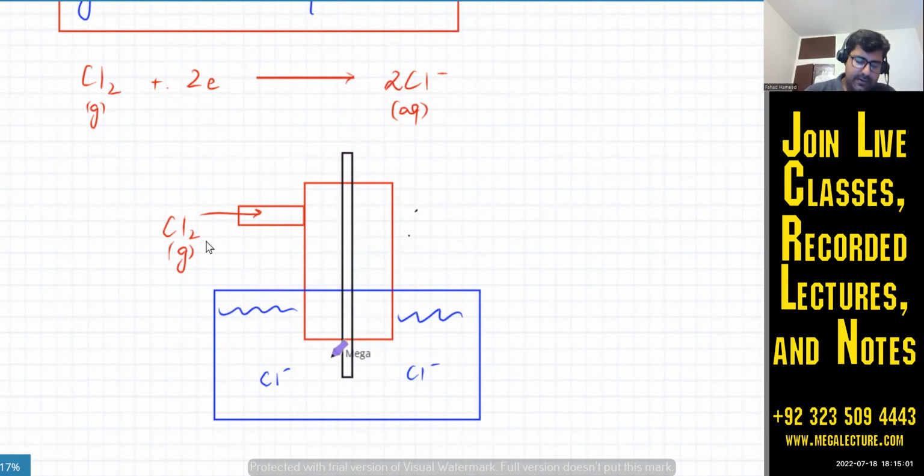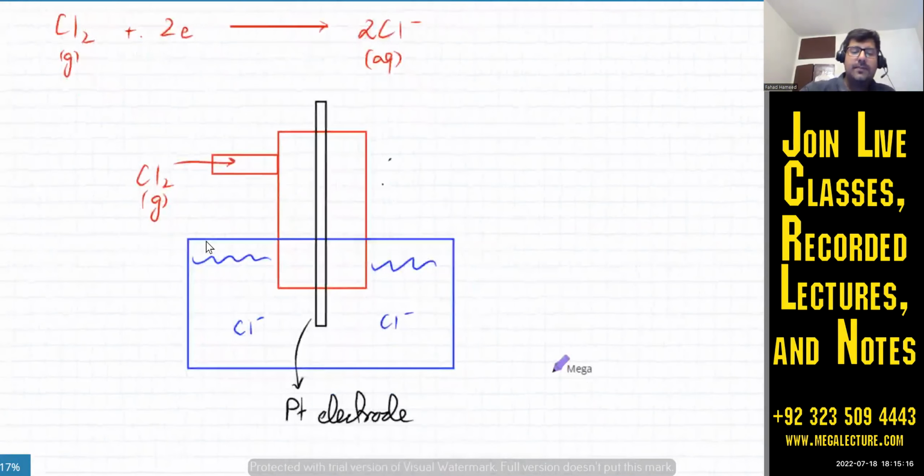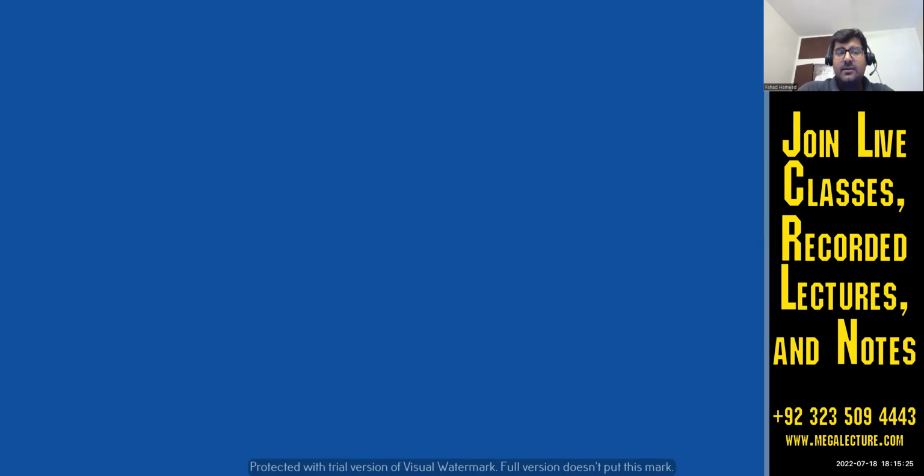So we've got a platinum electrode. Remember, it's a metal. A metal has delocalized electrons. A metal is a good electrode. Why is it a good electrode?